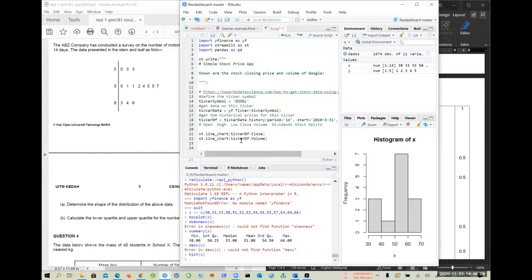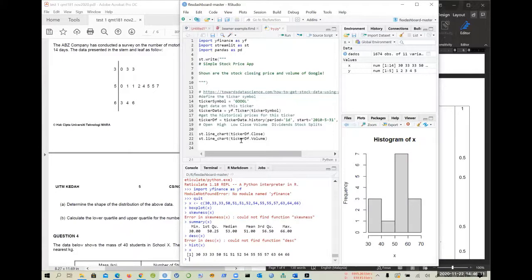Okay, so kalau you listkan X ni, so this is the one yang you have, so 30, 33, 33 and so on, right? And then you jump to 50, 51, 51, 52 and so on. So kalau you check on the value for the mean and the median, you akan dapat lah dia ni. So let me check. Siapa tak ada skewness.